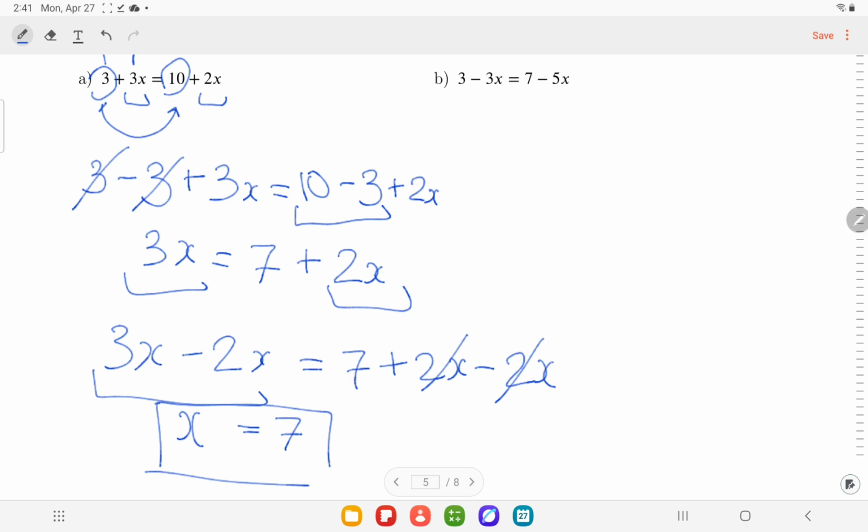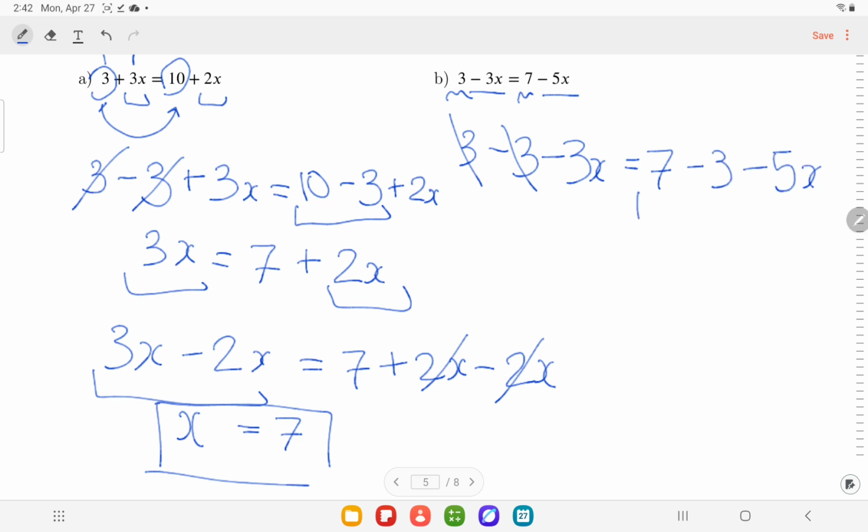And then for B, it's the same idea. We're trying to combine our like terms. So in this case, 3 and 7 and negative 3x and negative 5x are our like terms. So we can start by subtracting 3 from each side. And since 7 and negative 3 are like terms, we can combine them to get 4.